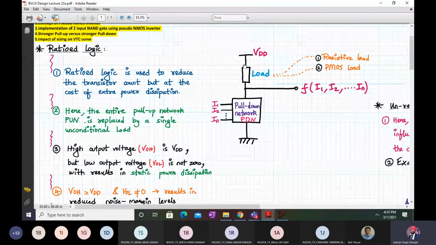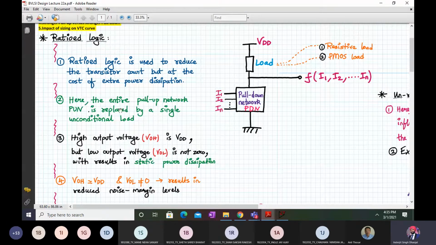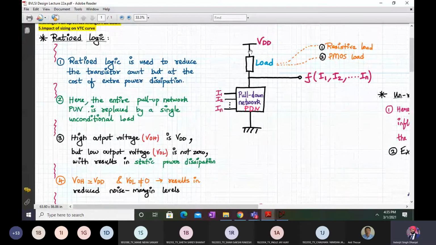Since the load will always be on, let's suppose it's a resistor. Irrespective of the working of the circuit, whenever your VDD supply is on, current will flow through the load, and that will constantly consume some power. So you have this extra power dissipation in ratioed logic, where the entire pull-up network is replaced by a single unconditional load.